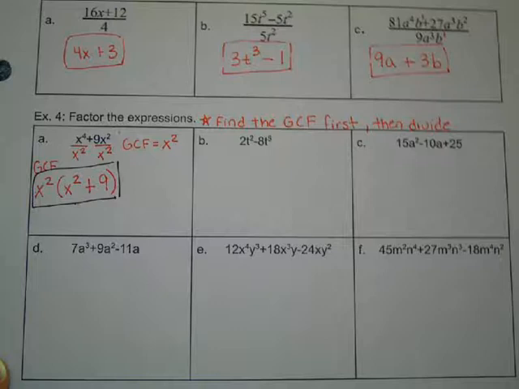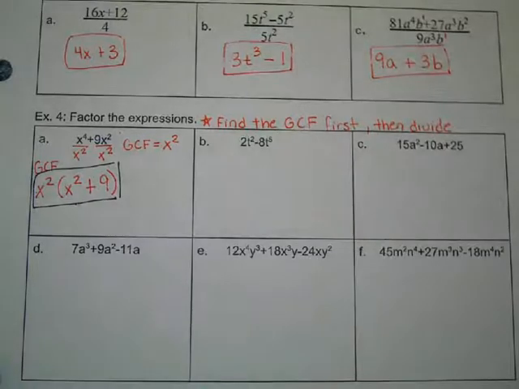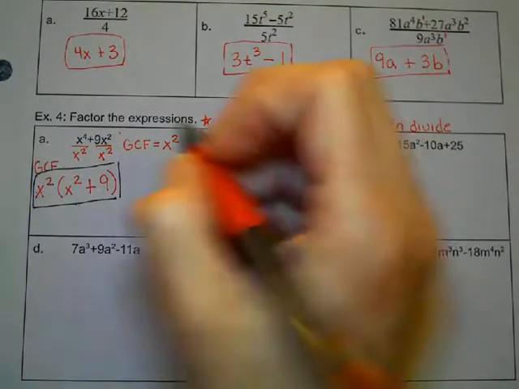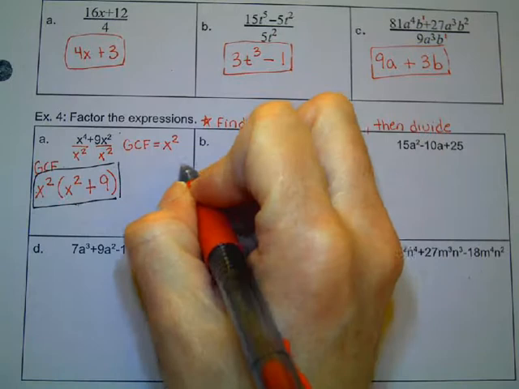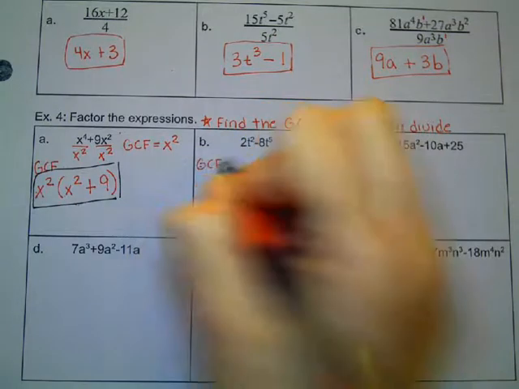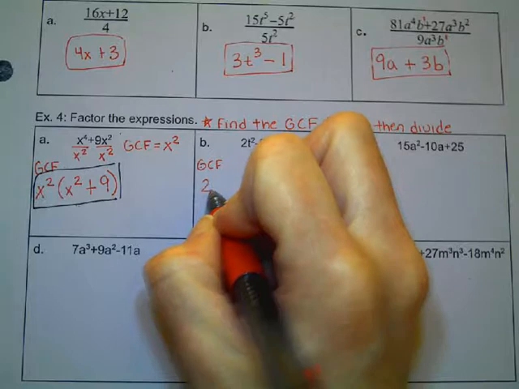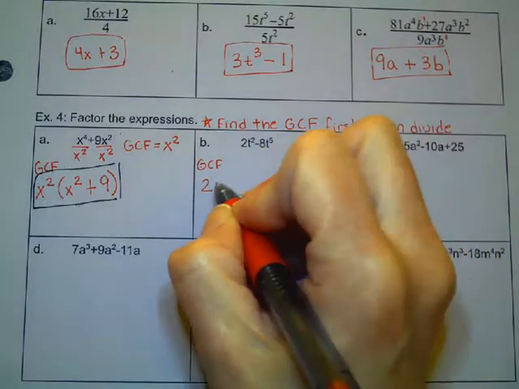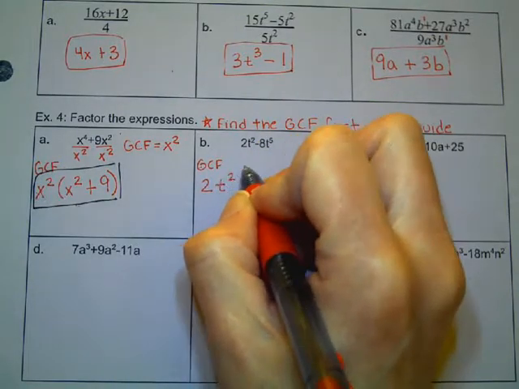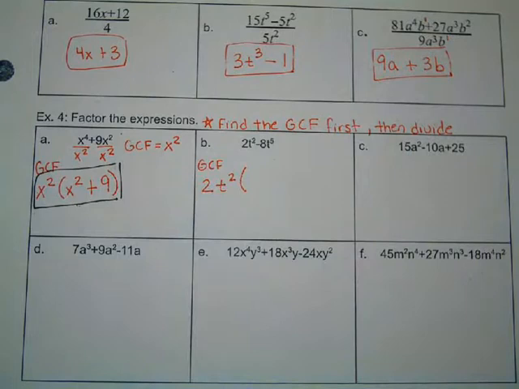Alright, this one has numbers and letters, so we're looking for a GCF for the numbers and the letters. So our GCF for this one, 2 and 8 can both be divided by 2, and the smallest exponent here is t to the second. So the GCF goes in front of the parenthesis, and then when you divide, what's left goes in your parenthesis.